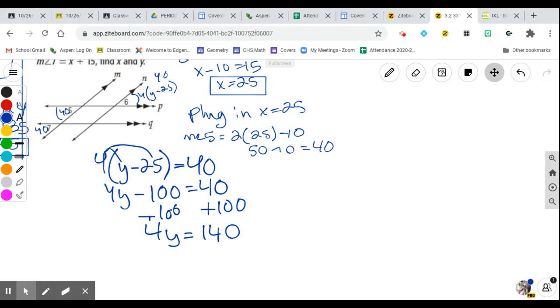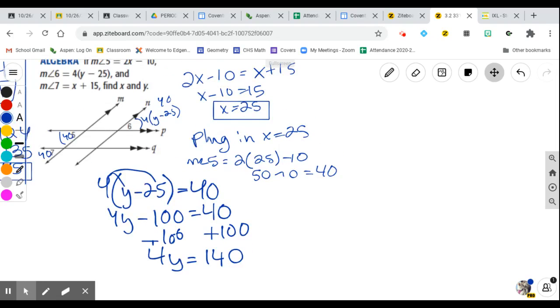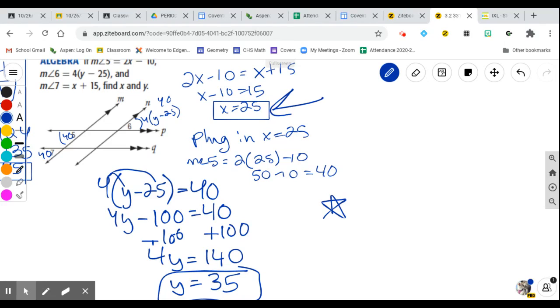And so divide by 4, y is 35. So there's your second example. A lot of the ones on the practice today are like this problem. So you find x, plug it in, and then set up your other equation based on what you got for x.